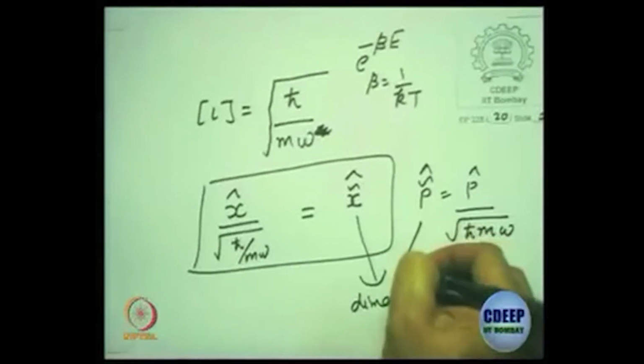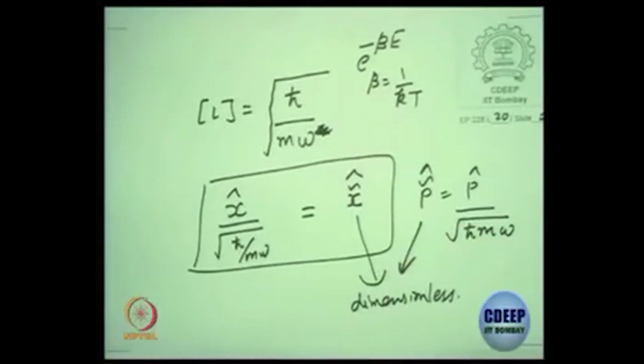So this is also dimensionless. This is the first motivation. If you see any books, they start dividing by these factors. It's nicer to work with dimensionless operators using the parameters available in your given system. In the harmonic oscillator, you can play around with m and omega, and h cross of course is there in any quantum physics. It's the universal Planck's constant.